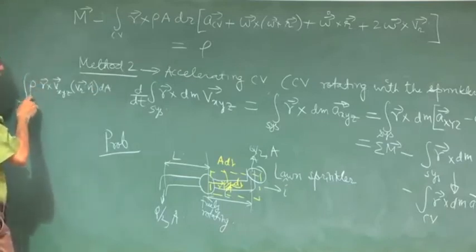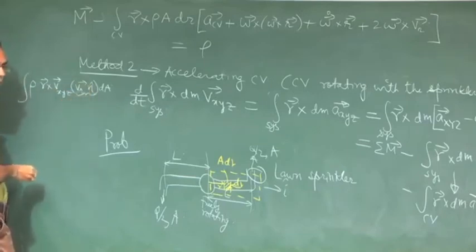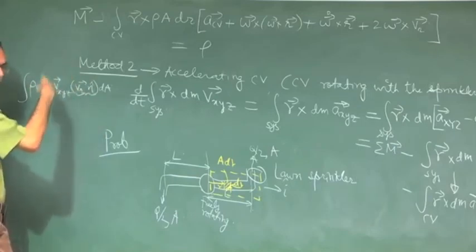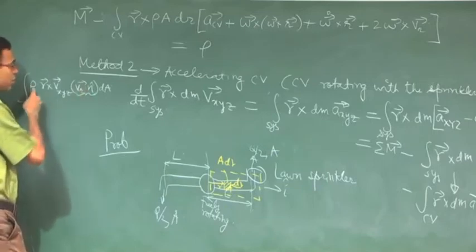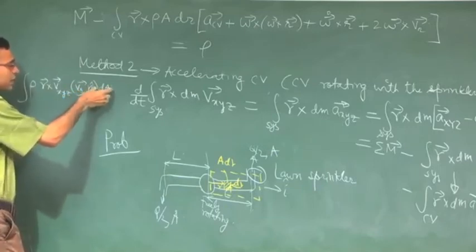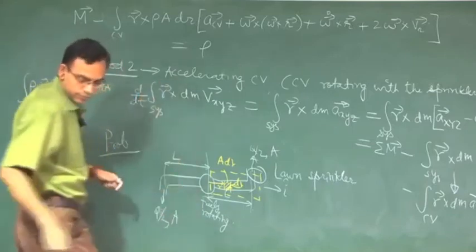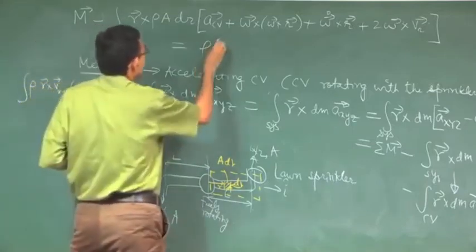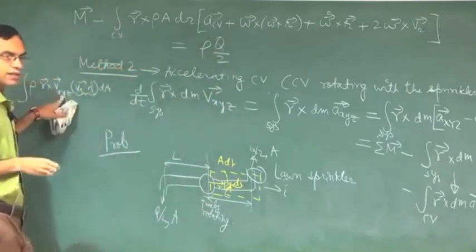So what is this? This is simply, with respect to the rotating frame, what is coming out. So rho integrated is just Q by 2, into r cross this.